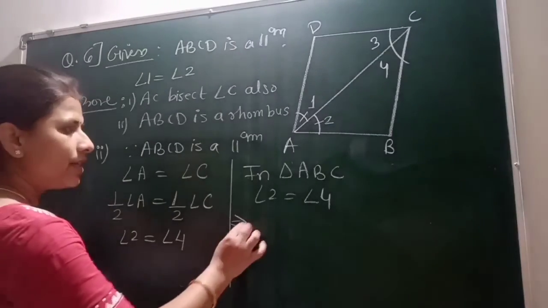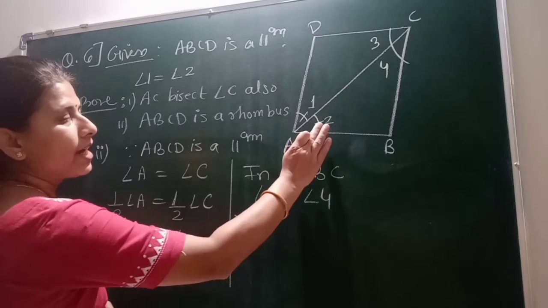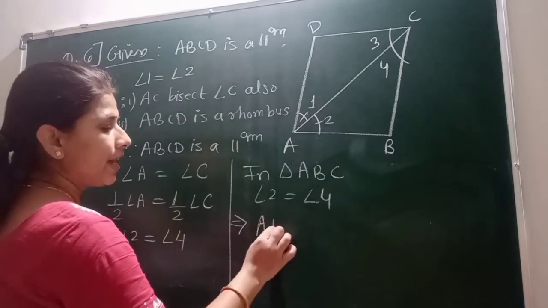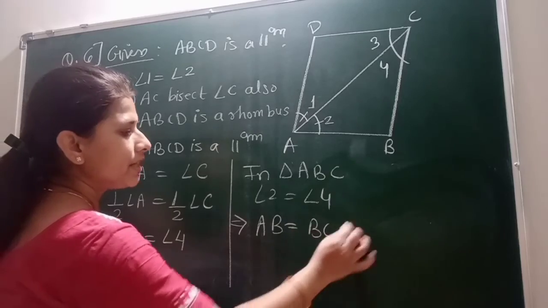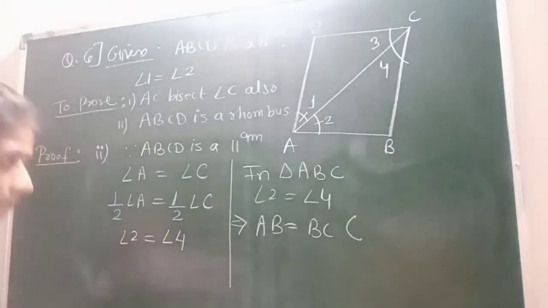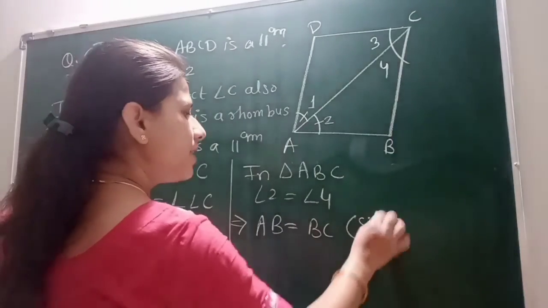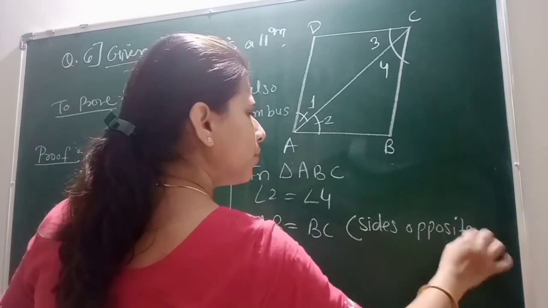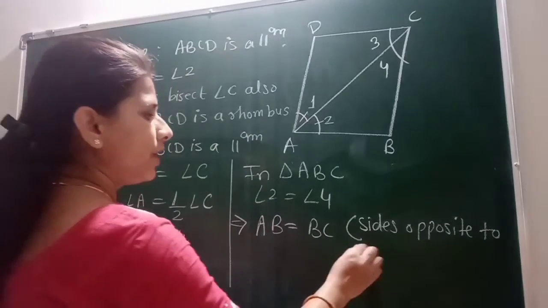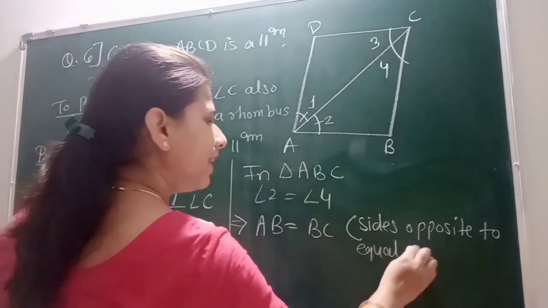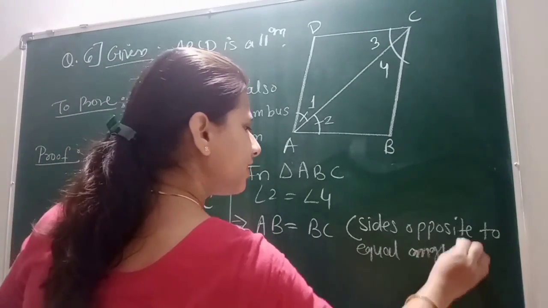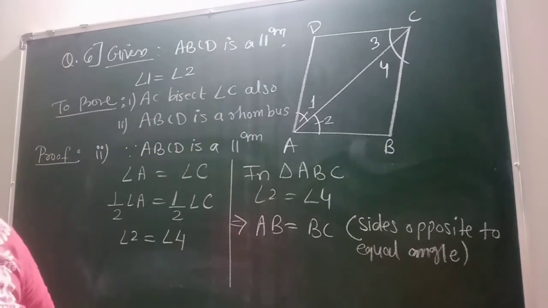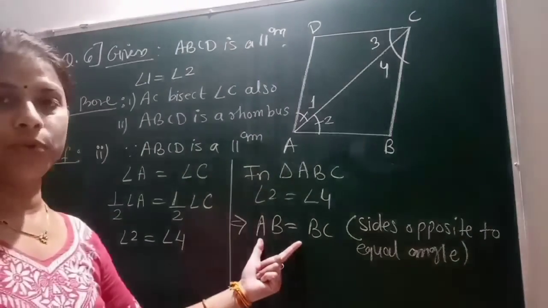So this will imply that the sides opposite to these angles, it means AB will equal BC. And what reason will we write? We will write sides opposite to equal angles.